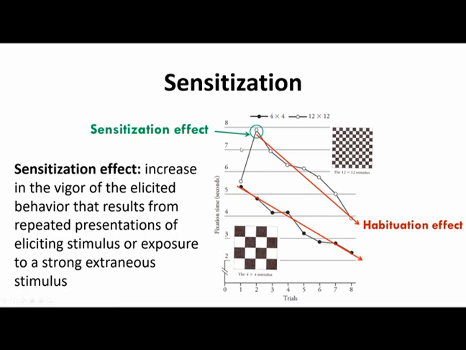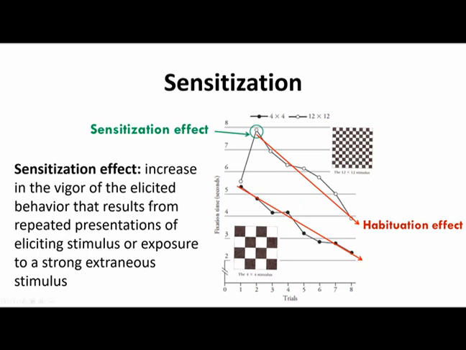Now, when we initially mentioned this as a sensitization effect, we didn't really give it an official definition. So we're going to do that here, where we can say that a sensitization effect is an increase in the vigor of the elicited behavior that results from either repeated presentations of the eliciting stimulus or exposure to a strong extraneous stimulus. Lots of S's today.